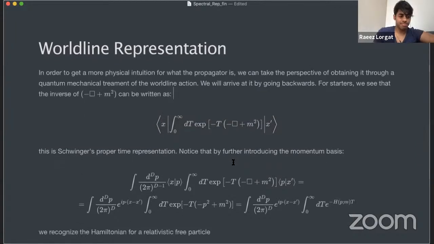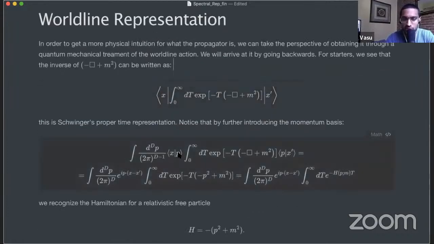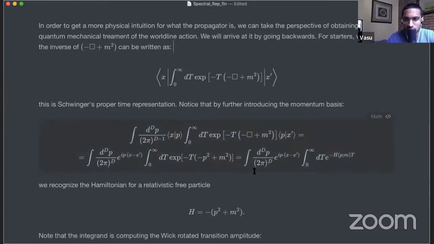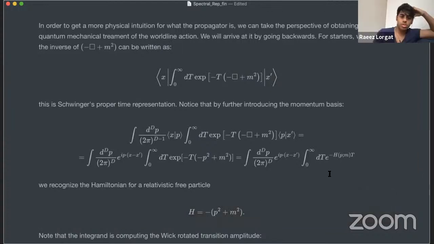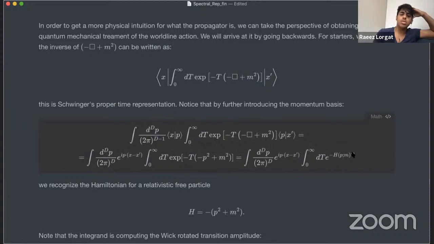And now if you wanted to peel the layers of this onion, you go to momentum space, right? When you go to momentum space, you see that the quantity you're playing with is nothing but the Hamiltonian of the free relativistic particle when you Wick rotate, so the Euclidean signature. And what you're doing is integrating over all time durations of e to the power minus Ht, right?